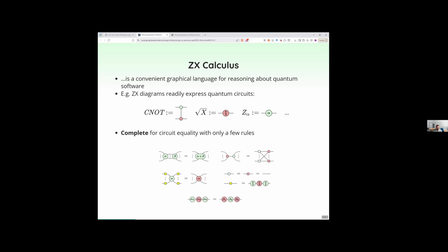If I write a circuit out in ZX notation, then using a few simple rules, I can transform that circuit into any other circuit which describes the same unitary. Not necessarily efficiently, but for certain fragments of circuits, this is efficient. So this has been used to great effect for the past 15 plus years for reasoning about qubit quantum computation.